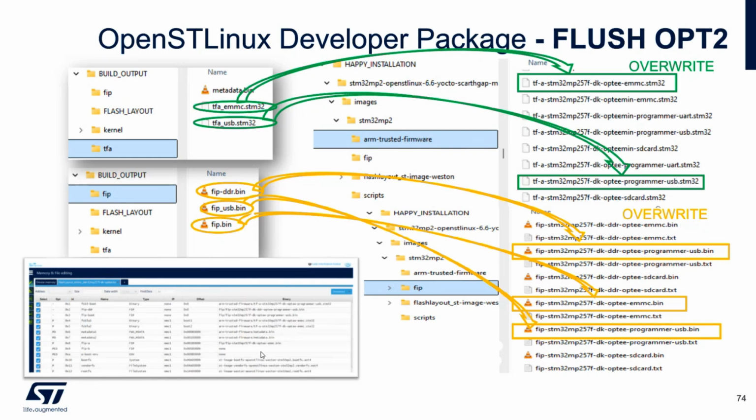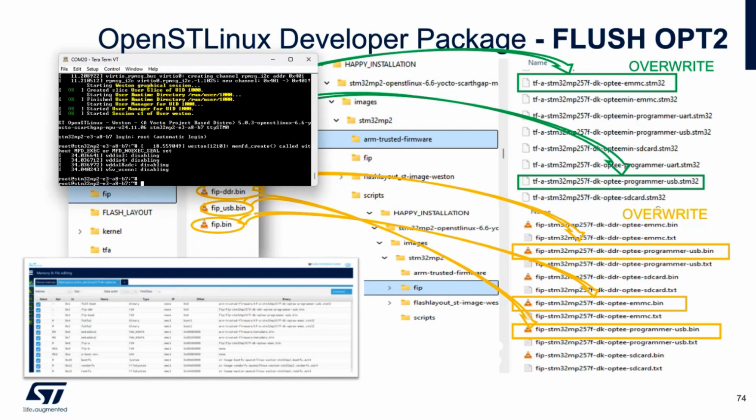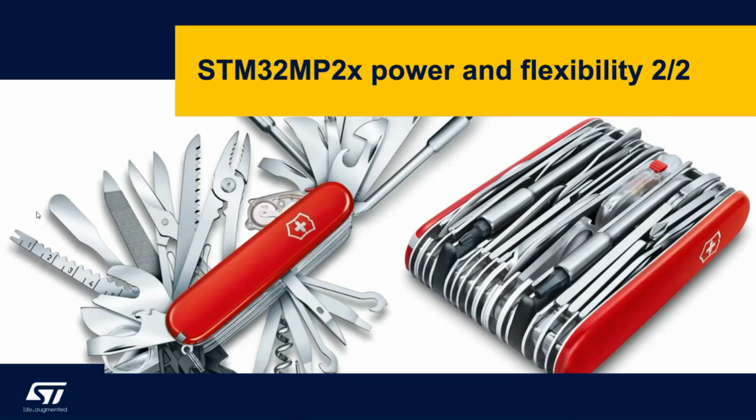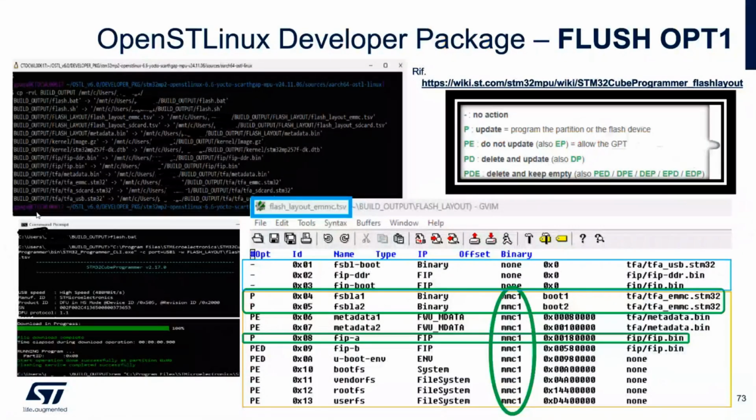What we've missed is the kernel. Okay, let me explain this point. The kernel is not in a single partition, because the kernel is inside the boot FS partition. The kernel is inside the file system.